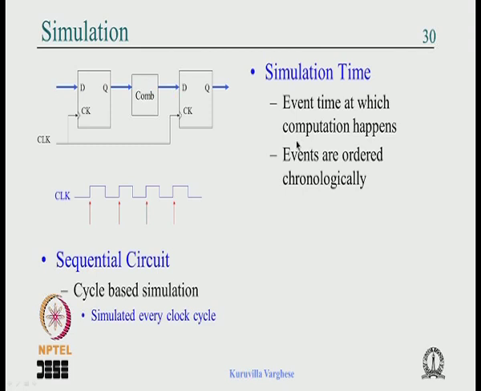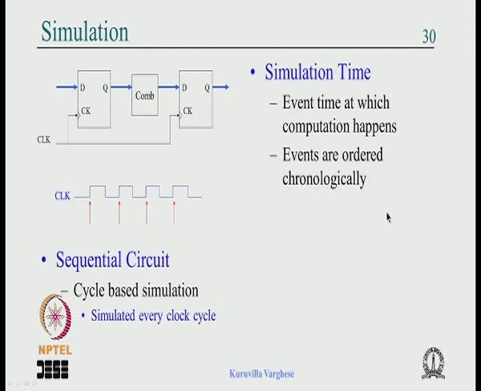Suppose there was an event at 100 nanosecond and 110 nanosecond, and the computation of the event at 100 nanosecond changes an internal signal at 1 or 2 nanosecond later, then that event needs to be inserted between 100 and 110 nanosecond properly. So as the computation happens, new events occurring because of the computation are appropriately ordered in the time sequence, so that one by one they are handled.